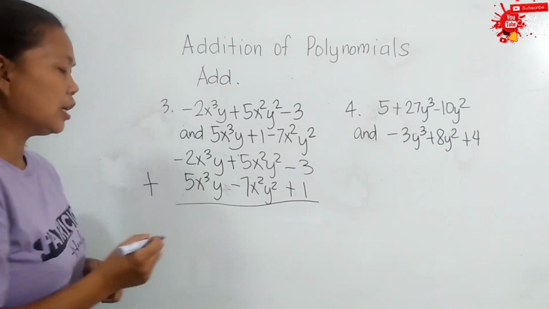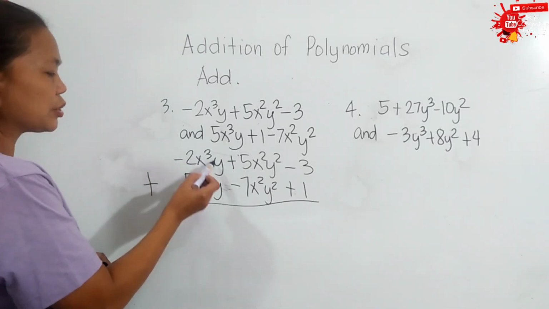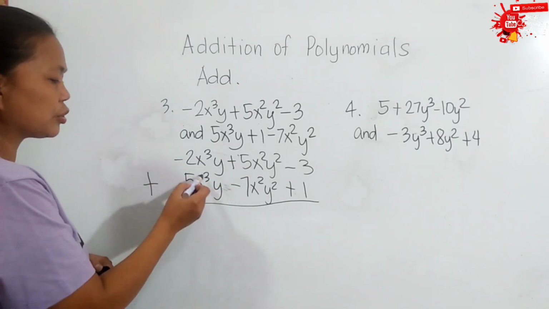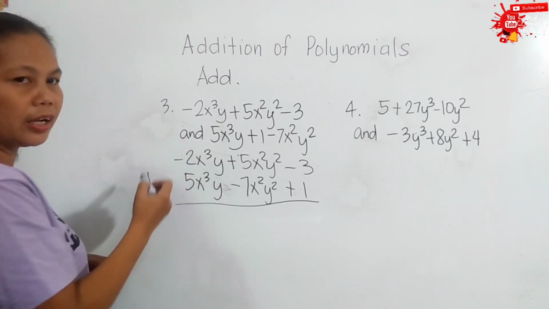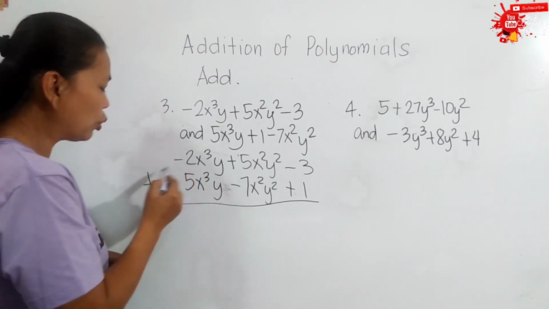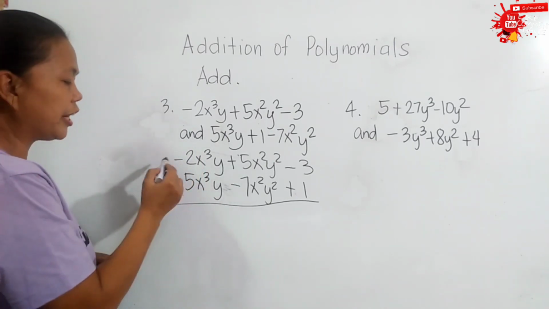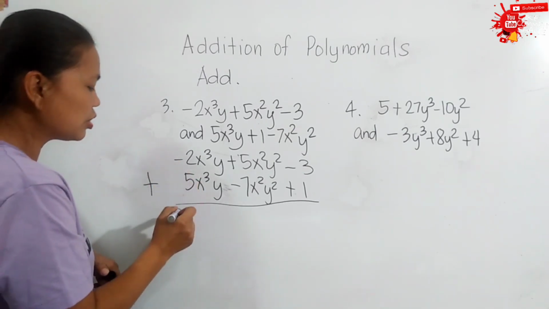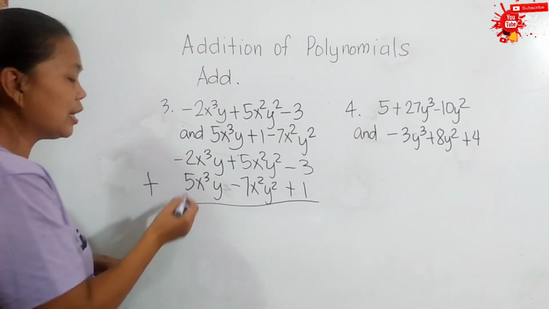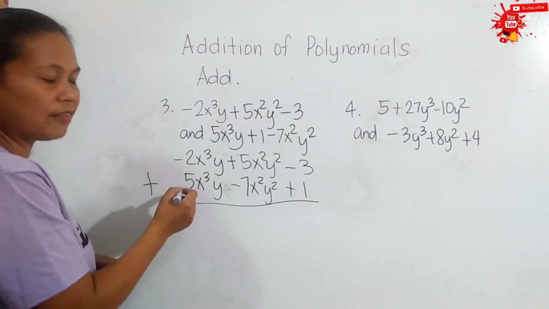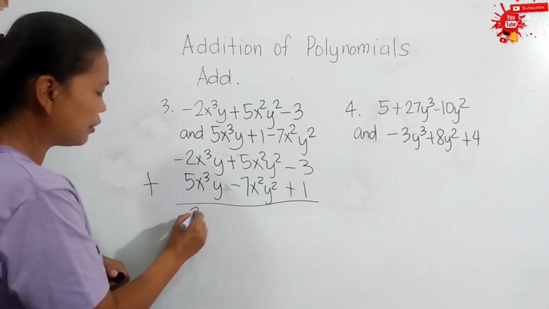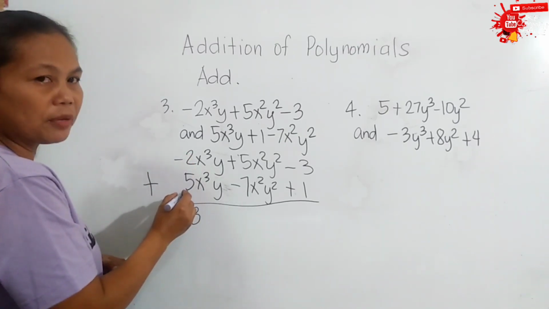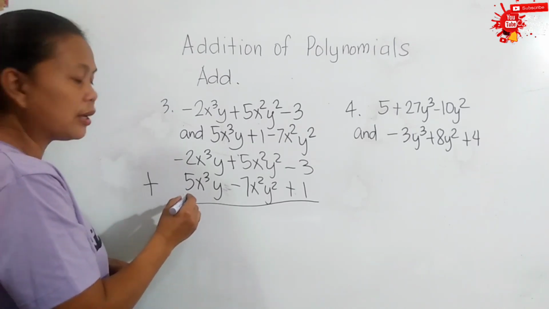And then let's add. We have negative 2x cubed y plus 5x cubed y. We add their numerical coefficients, negative 2 plus positive 5. Since they have different signs, we subtract their absolute values, 5 minus 2, we have 3, and copy the sign of 5 because 5 has the greater absolute value.